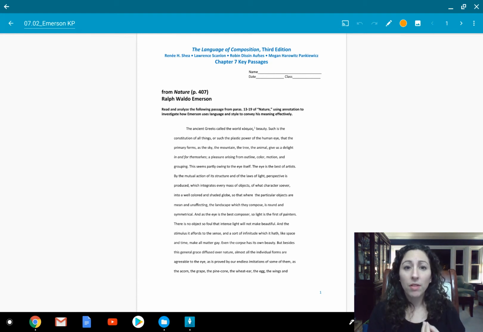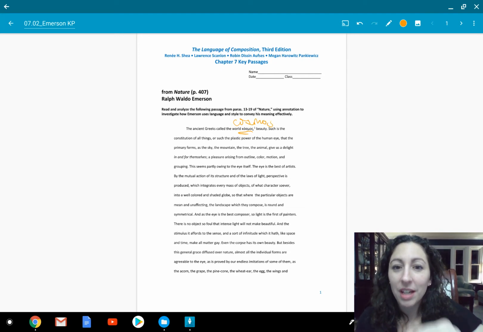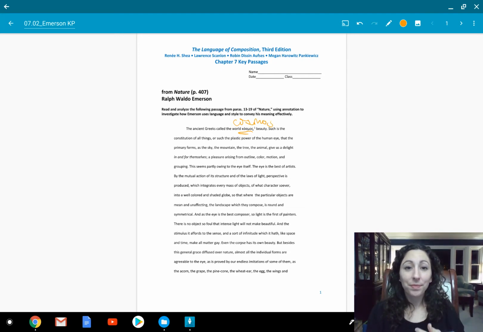So this paragraph starts off, the ancient Greeks called the word, and I literally can't speak Greek. However, there is a very helpful footnote placed there by the Bedford team. So this word means cosmos, right? Or beauty. Such is the constitution of all things, or such the plastic power of the human eye.